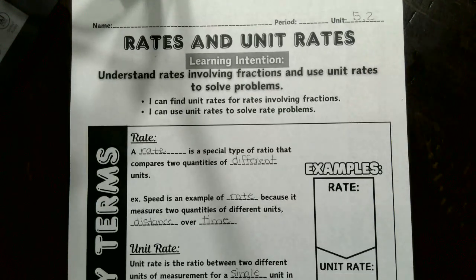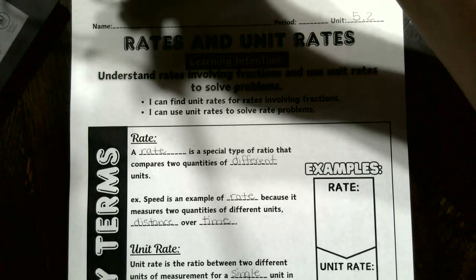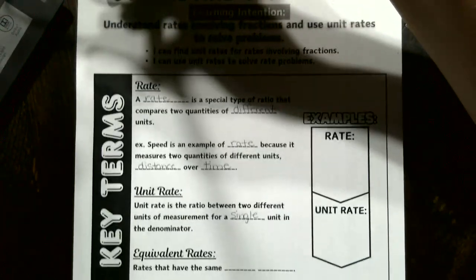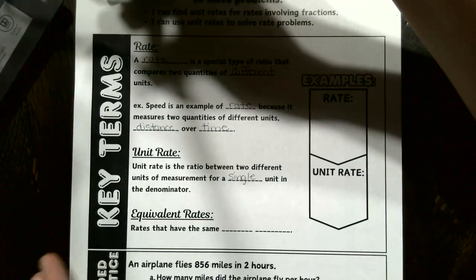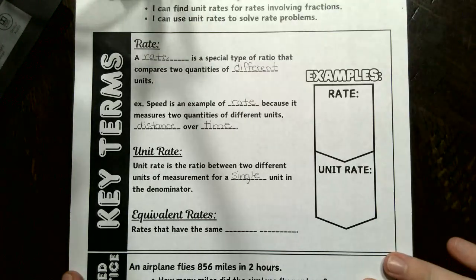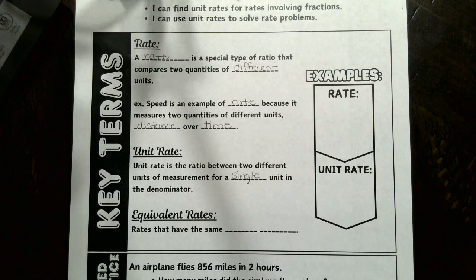The next section that we're looking at is unit rate. Unit rate is the ratio between two different units of measurement for a single unit in the denominator.